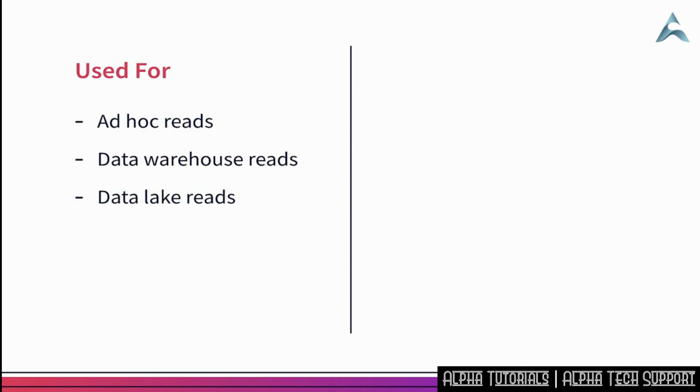But it is additionally for reading: ad hoc reads, data warehouse reads, which I explain as aggregate SQL queries, or data lake reads, which is SQL on files. It is not for online transactional. It does not support transactions, so it's not your working database. That would be a SQL Server, Oracle, MySQL, something like that.